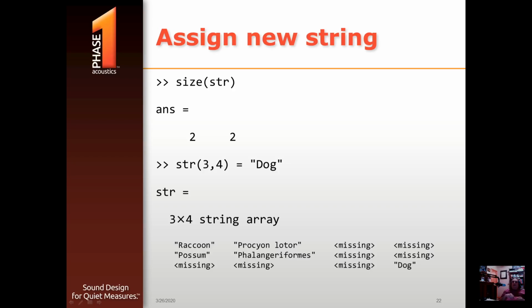So instead of accessing the elements of the string array, I want to assign a new element. So the size is 2 rows by 2 columns, but look what I'm doing here. I'm saying the third element in the fourth column is equal to dog.